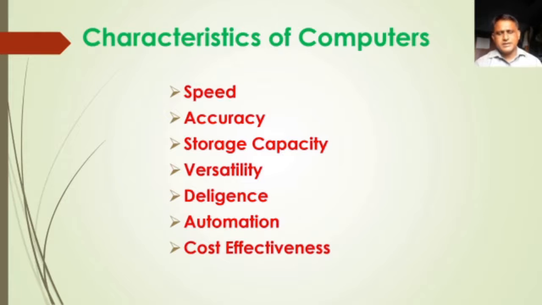A computer kept to carry out the work of a bank can be easily adapted to carry out the job in a hospital, without making many changes. That is versatility. They are very flexible, so it can be adapted to any job.